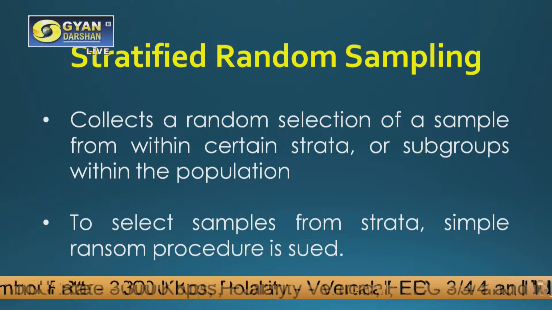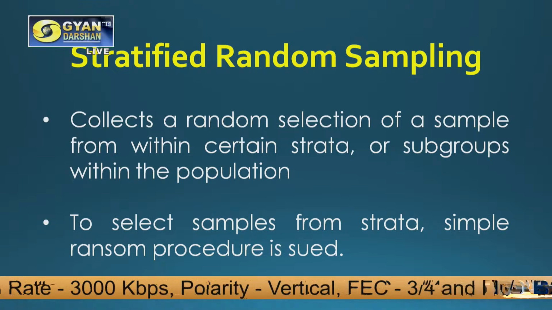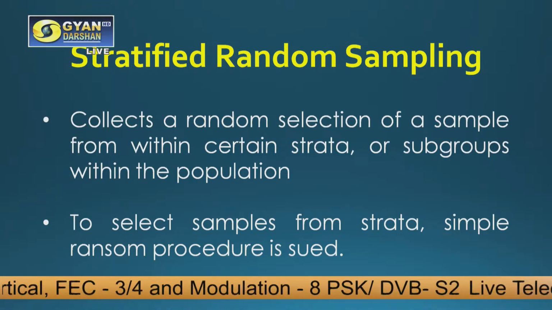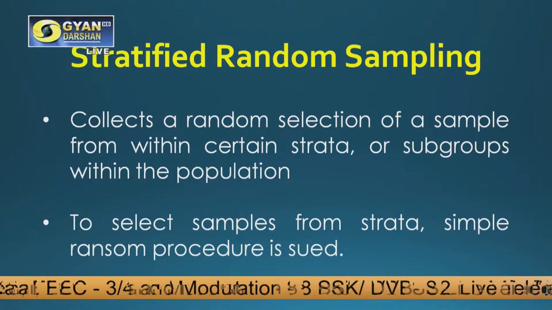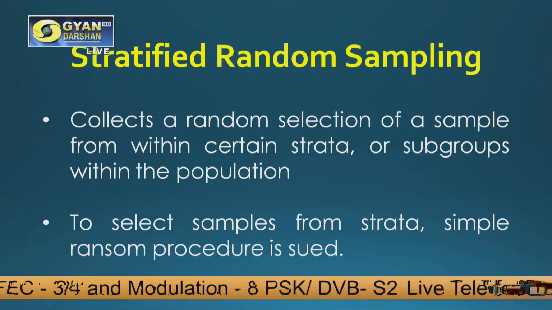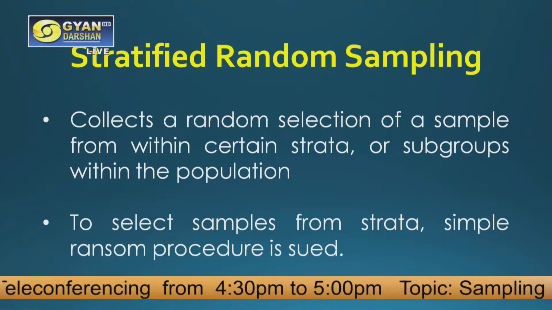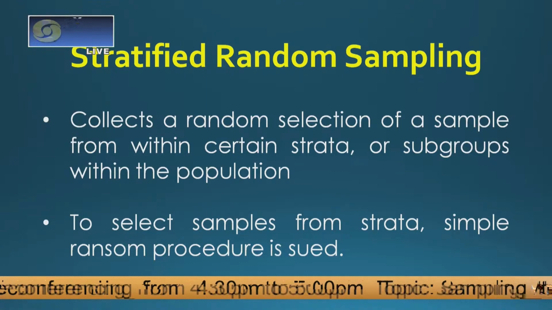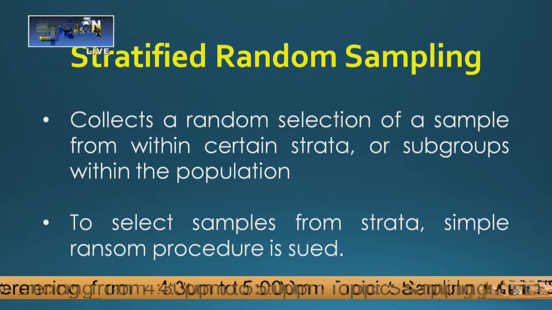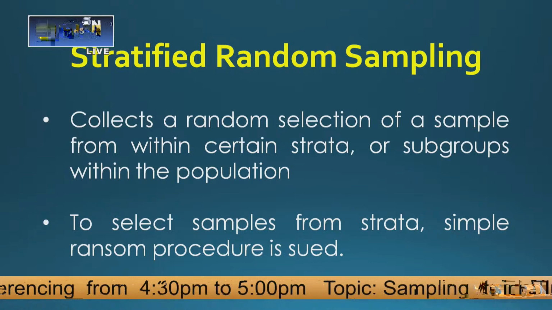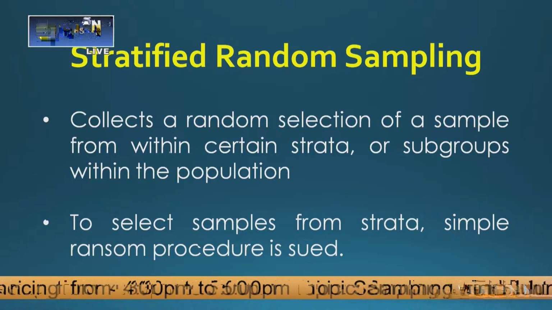So we have made four regions, and from each stratum, each group, you select samples using the random procedure. Here also all the individuals in the population have an equal chance of getting selected.